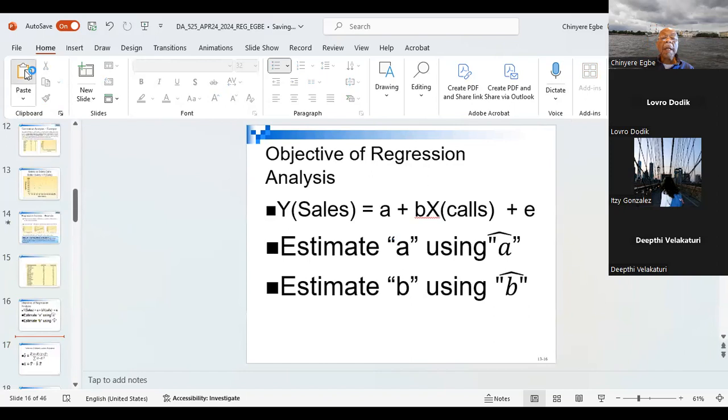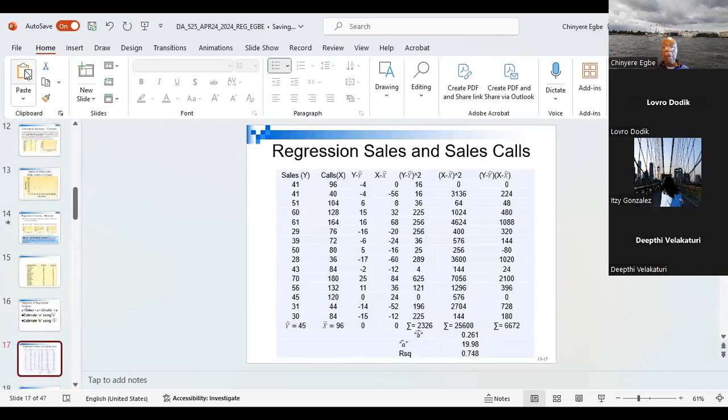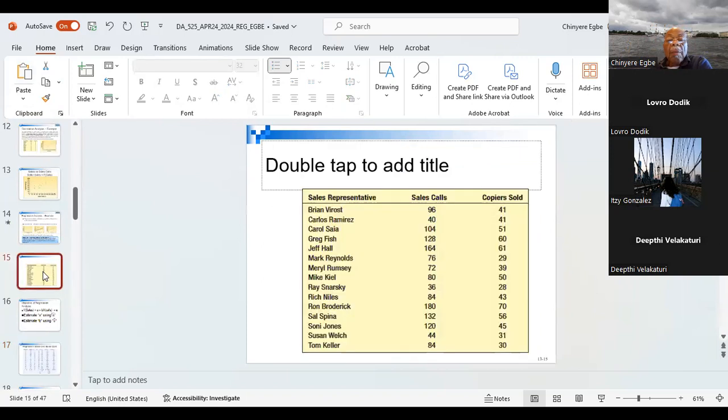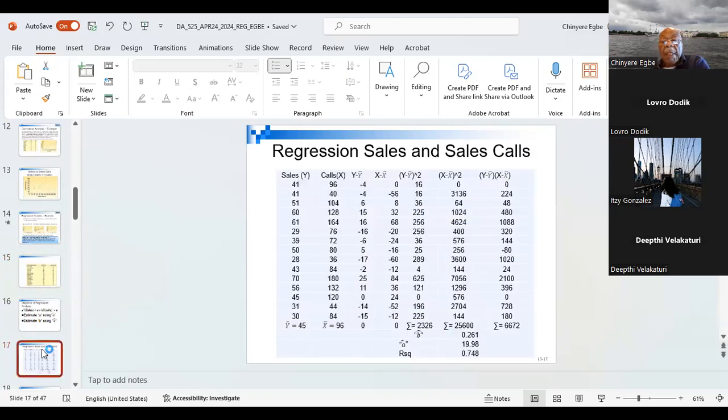Now this is the data we had put up earlier on sales, calls, and copiers sold.